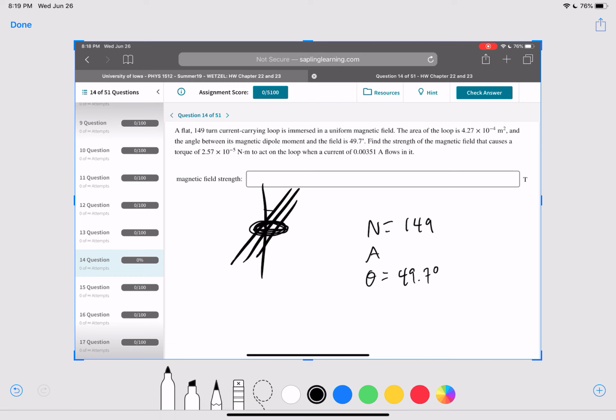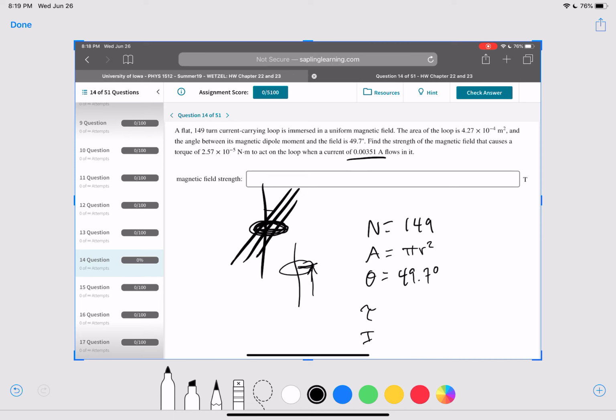on it. So we've got a torque, and then we've got a current I. Then we've got the area, and the area is pi r squared. So we can solve for the radius, and we're going to need the radius because there's our loop and there's our radius here, and the torque that's going to be applied is at a distance r away from the axis of rotation.